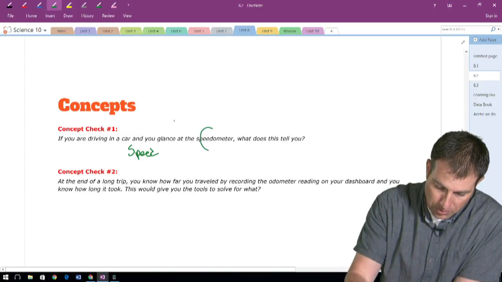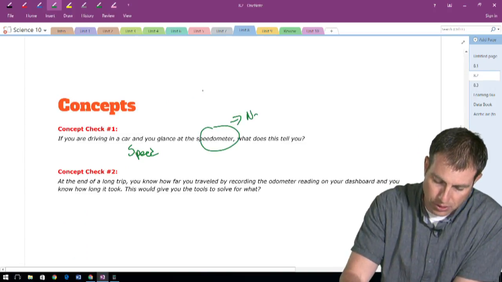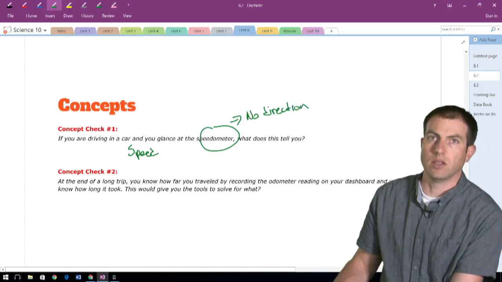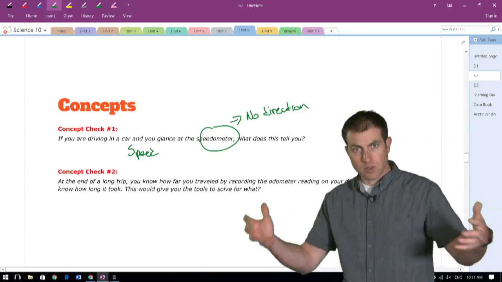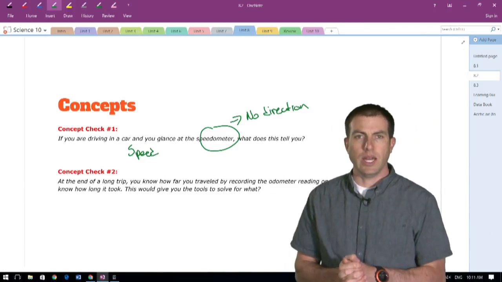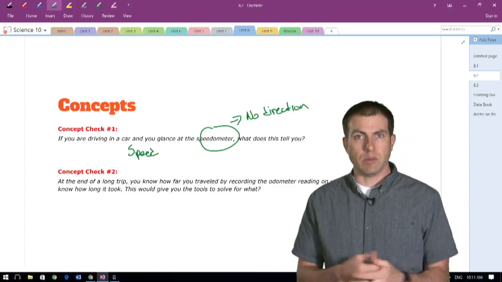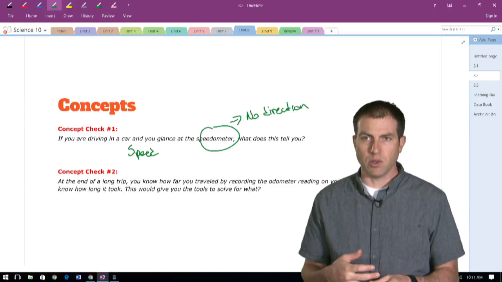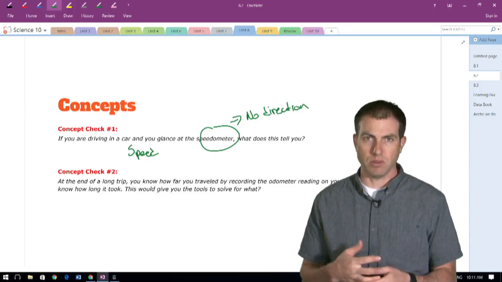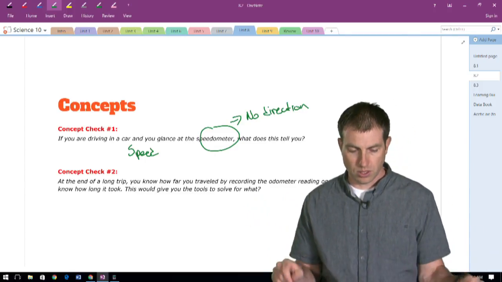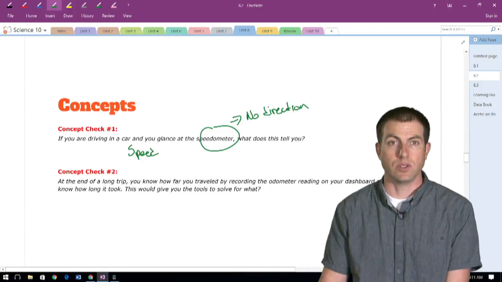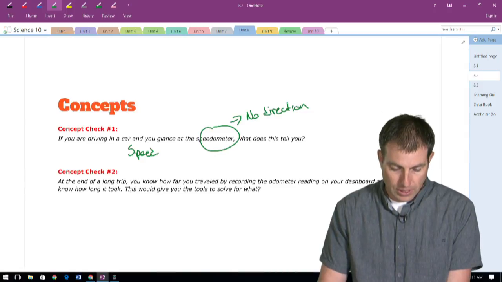When you look at the speedometer, there's no direction. So if I look down at the speedometer in my car, it says I'm going 50, because I never speed, it's always 50, and I don't know what direction I'm going. Well, hopefully I know what direction I'm going, but my car speedometer doesn't know. It just gives me a number, 50, 60, 40, 30. So it's not a velocity just because there's no direction associated with it.